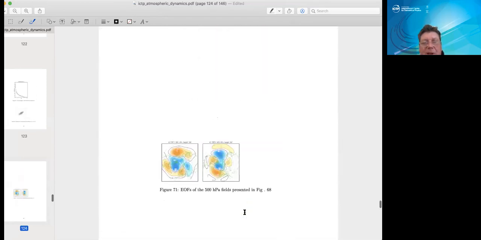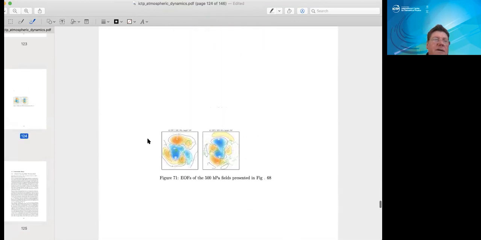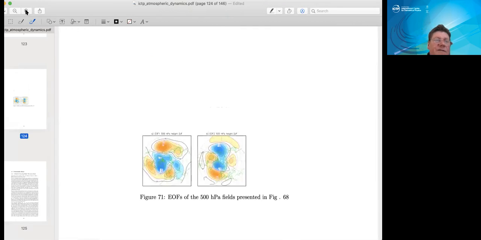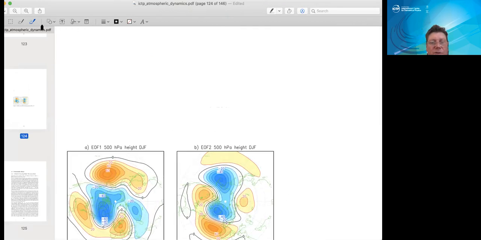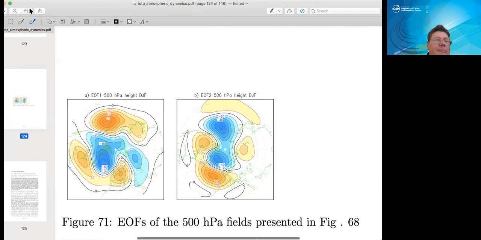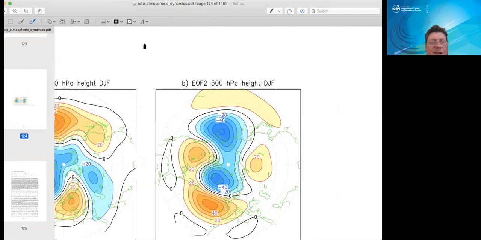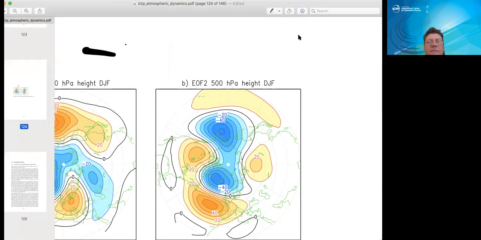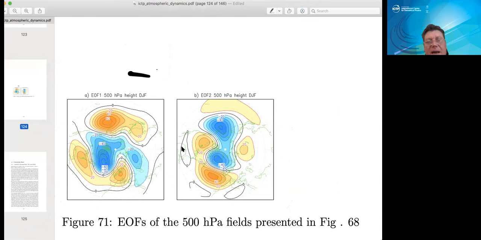Just as an example, going back to our EOF of the northern hemispherical flow. So this is the outcome. The first EOFs, if you apply this principal component analysis to the many fields that we have seen.